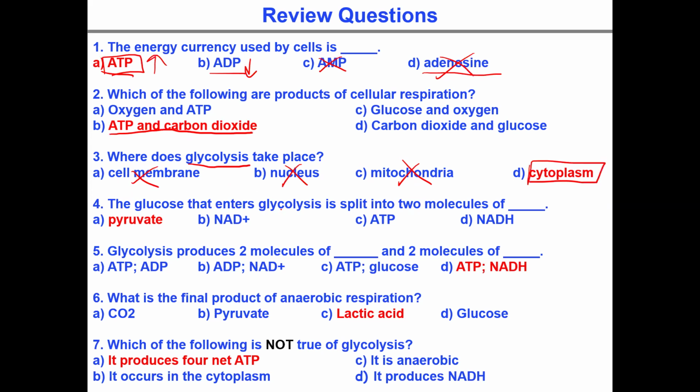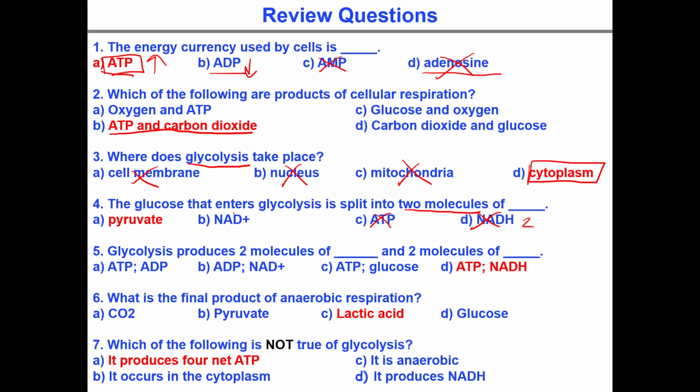The glucose that enters glycolysis is split into two molecules of what? It is not going to be NADH. Although this is going to be a product and we are producing two of them, it is not going to be NADH. Again, we are going to be producing 2 ATP from glycolysis, but this is not going to be those two molecules that are a result from glucose.